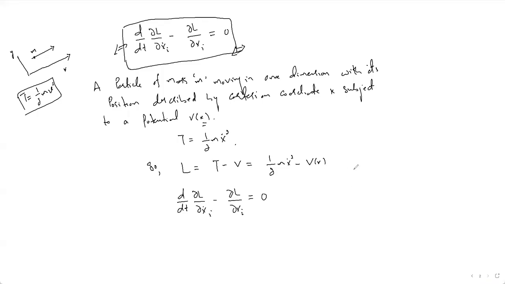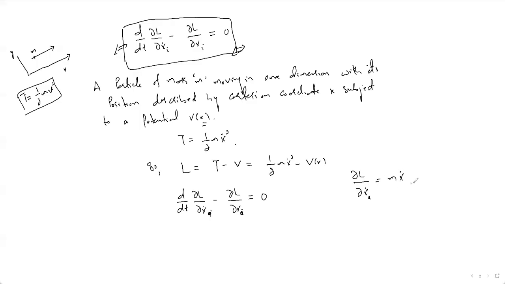What is partial L by partial x dot here? It will be twice 1 by 2 m x dot, so it will be m x dot.